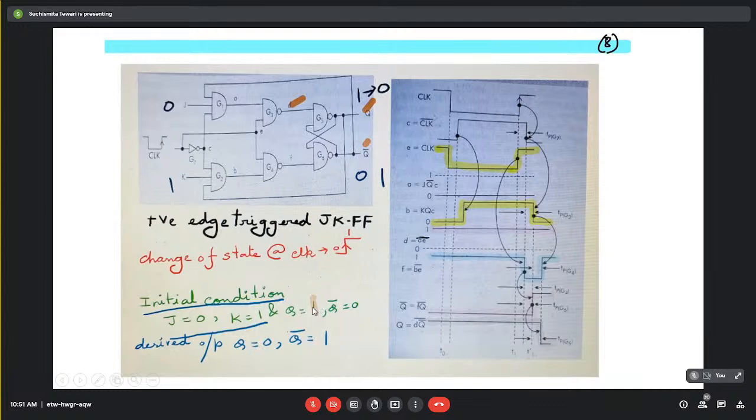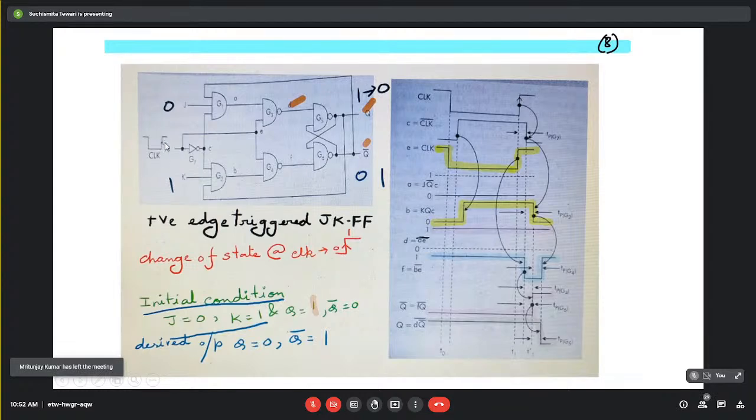So here what we need to show is, since J is equal to 0, K is equal to 1, the output should now take the form Q equal to 0 and Q bar equal to 1. That change from this state to the reset state is actually happening at the rising edge of this clock pulse that we have to establish.